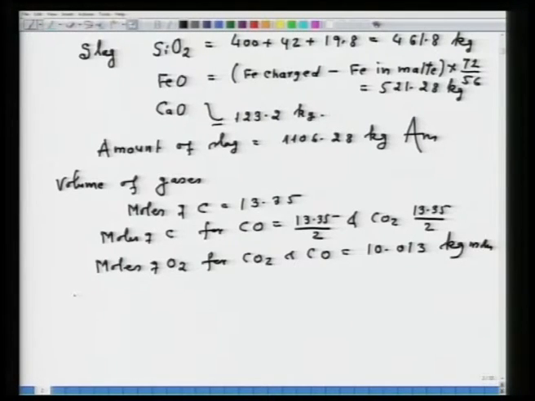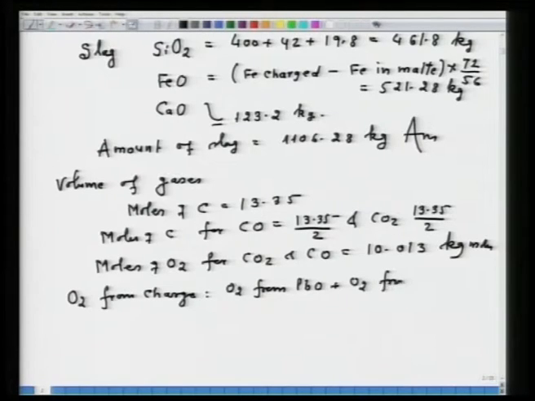Now, I have to do oxygen from charge, because that much amount of oxygen will not be derived from the blast. So, oxygen from charge. That means I have to consider O2 from PbO, O2 from FeO, plus O2 from Fe2O3, and do not forget to consider O2 from CaCO3.